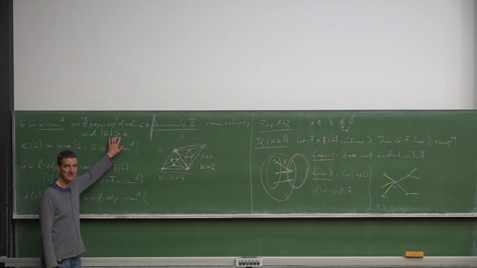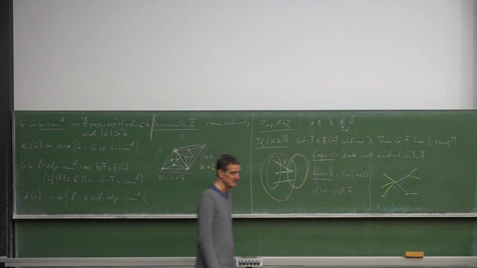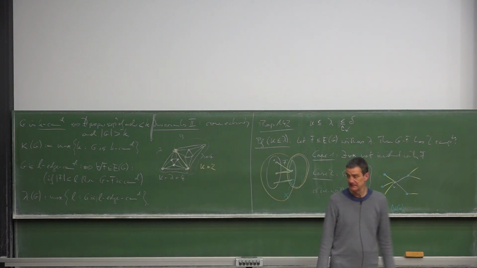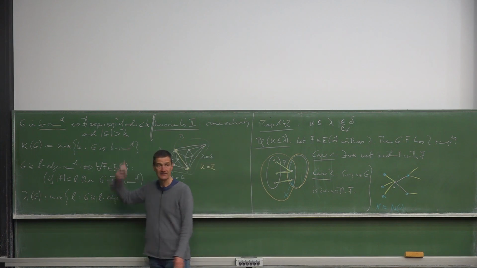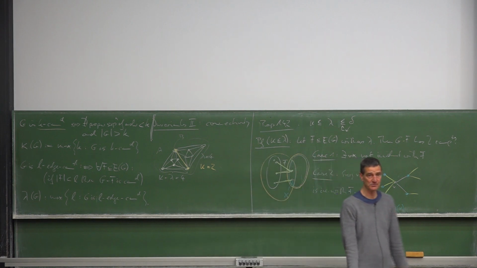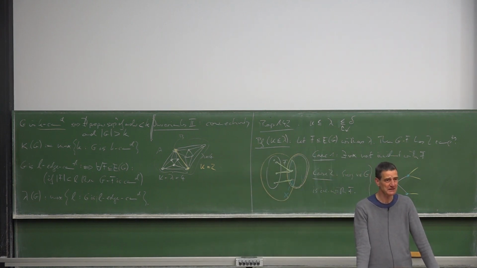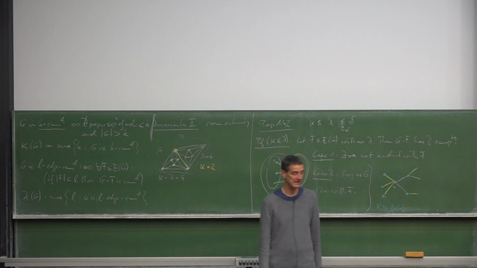Right? But only graphs that are bigger than k are allowed to be k-connected. So Kn is n minus 1 connected because it's just big enough, and it's not n connected. Okay, so the connectivity of Kn is also n minus 1, like lambda, like the edge connectivity.